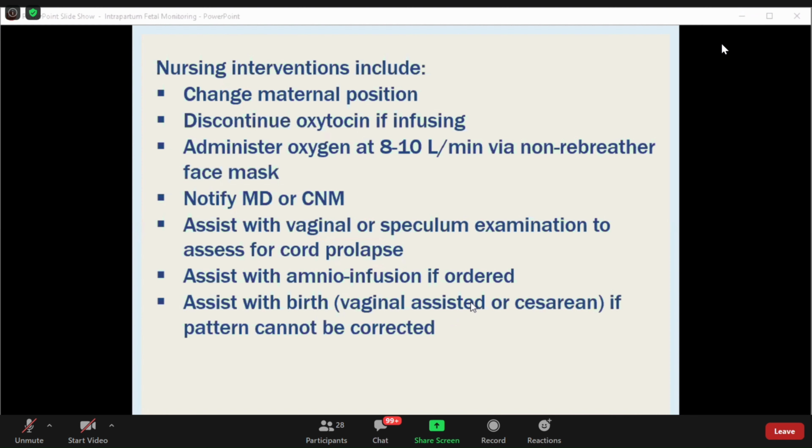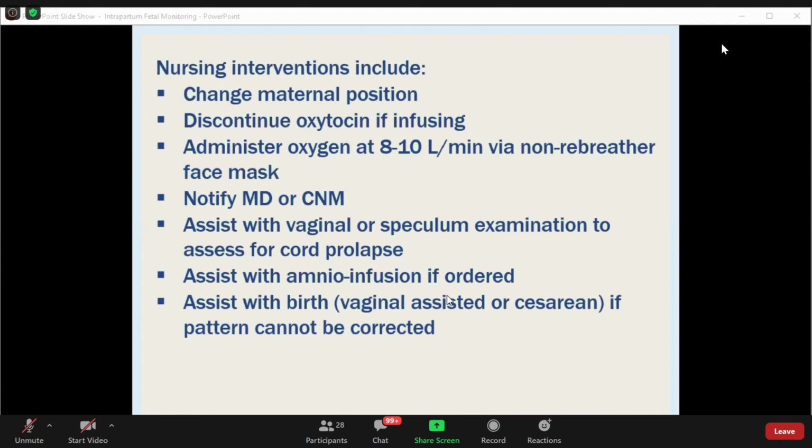Just as a reminder, one of the other reasons that an umbilical cord might be compressed, and I alluded to this earlier, is a lack of sufficient amniotic fluid. So a lack of sufficient amniotic fluid, oligohydramnios, could be a cause for cord compression.